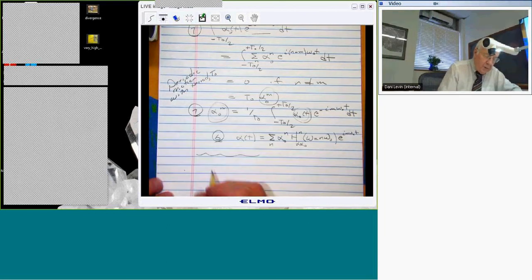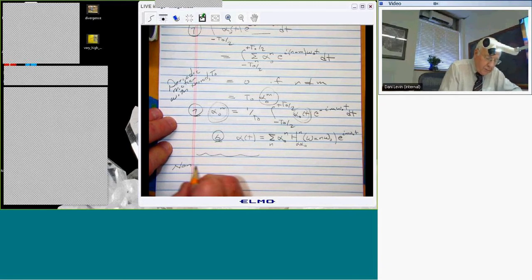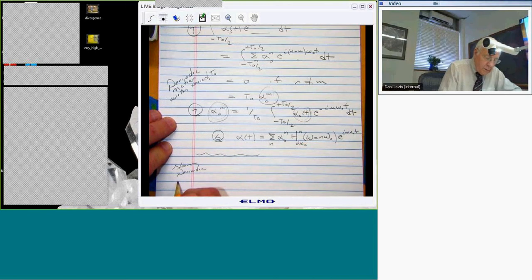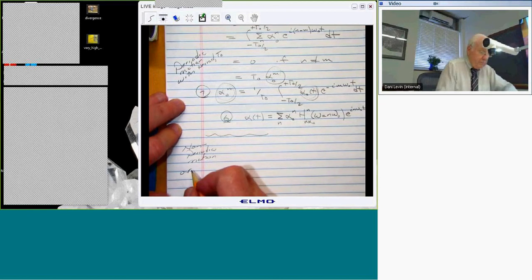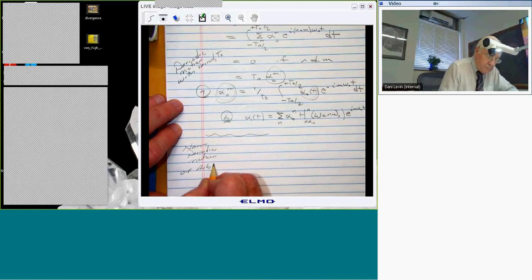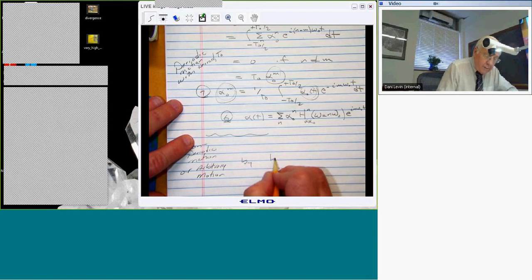Now we'll do non-periodic motion, or arbitrary motion, by letting T naught approach infinity.